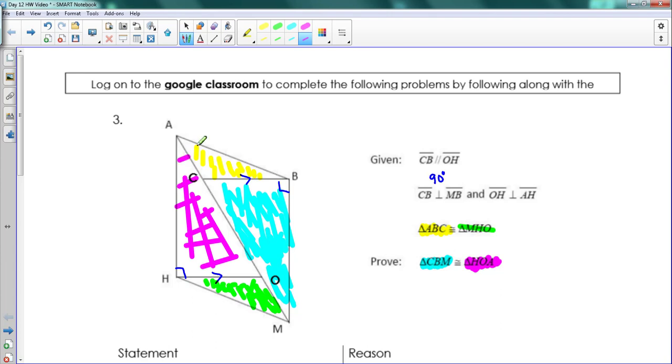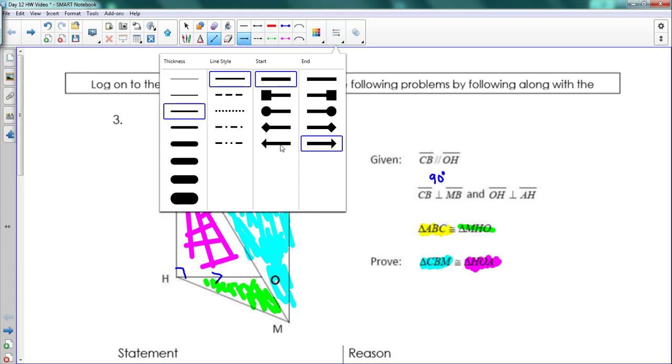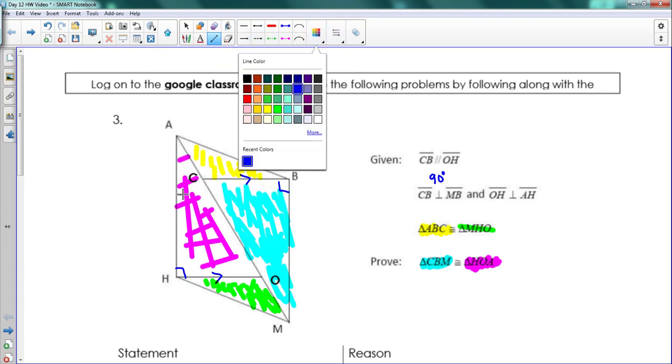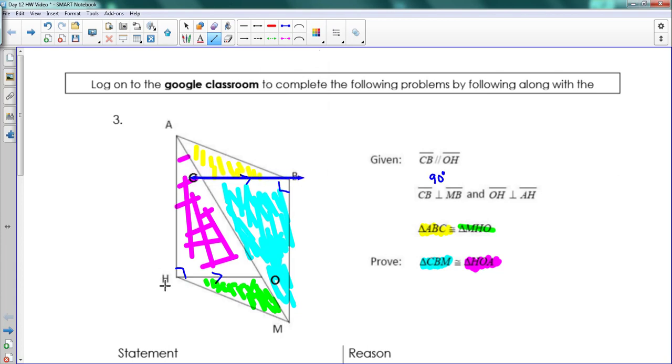Well, it looks like we have those right angles that are congruent. We do have these parallel lines here at CB and HO, and we can use AM as a transversal.